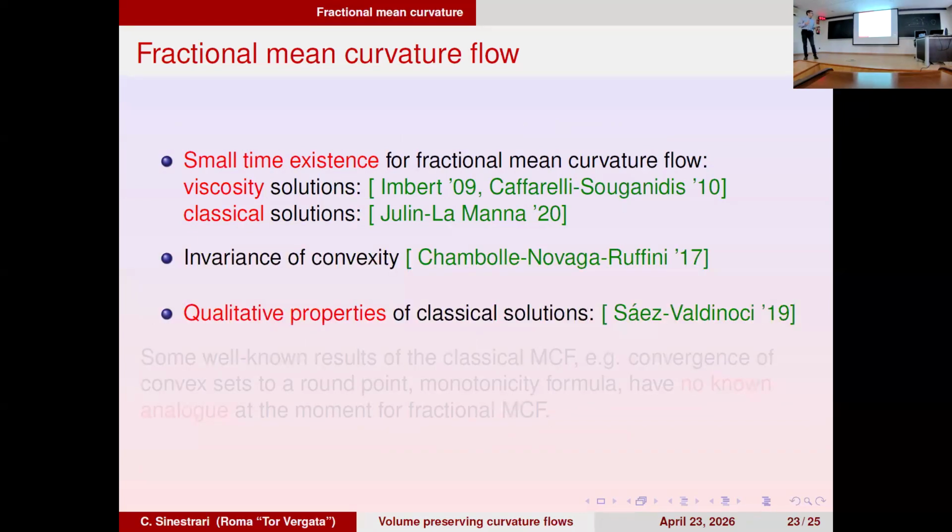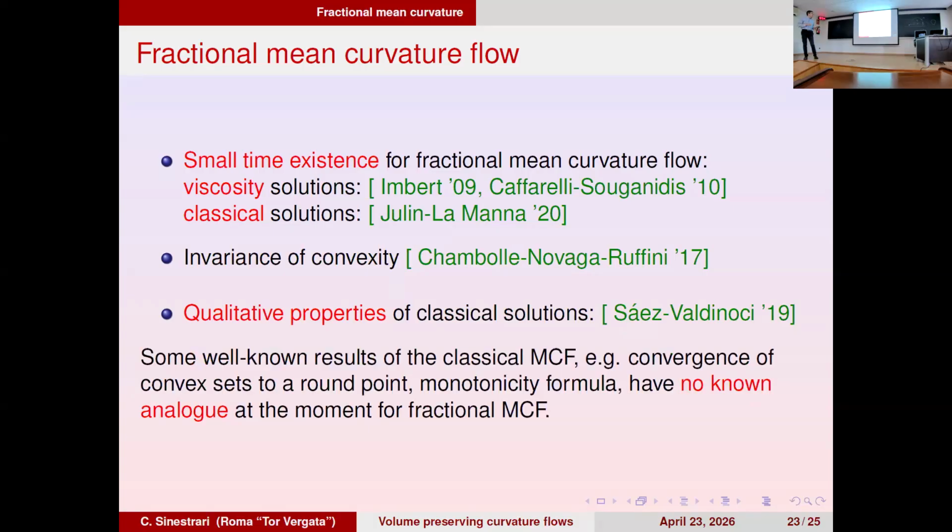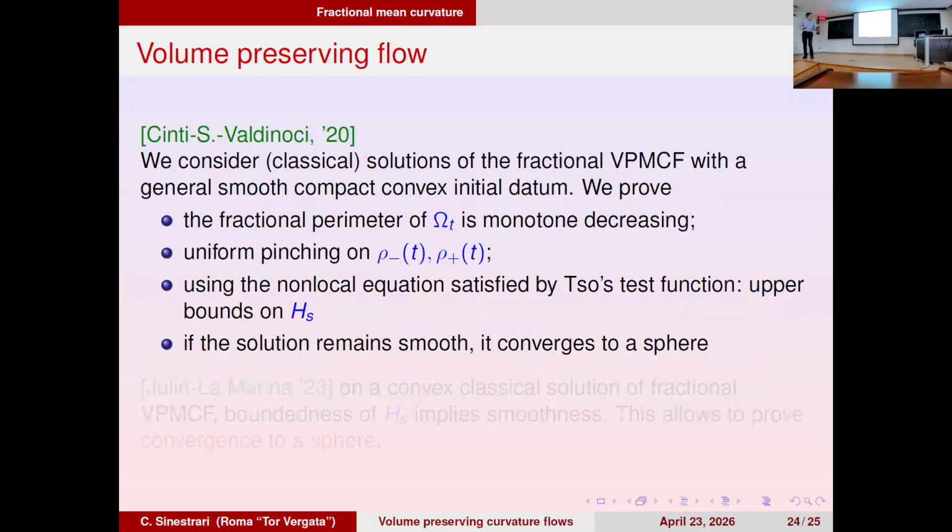There is a paper with some qualitative properties by Mariel and Baldinoshi. Some problems are completely open, like Huisken's result, where the convex sets converge to a round point. I know people have tried to derive a monotonicity formula, but without success until now. But what is true is again convergence to a round profile for the volume preserving mean curvature flow.